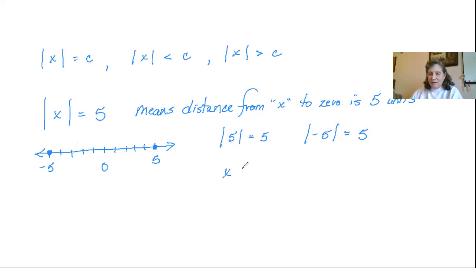So x can be 5 here, or x could be -5. So the solution set is the set of x's such that x is equal to 5 or x is equal to -5. We don't need an inequality to describe this because it's just these two exact points.